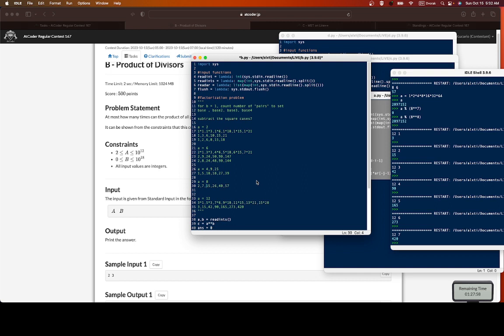If you have 18, what about 36? 36 has 1, 2, 3, 4, 5, and then 6. 6 is a square.